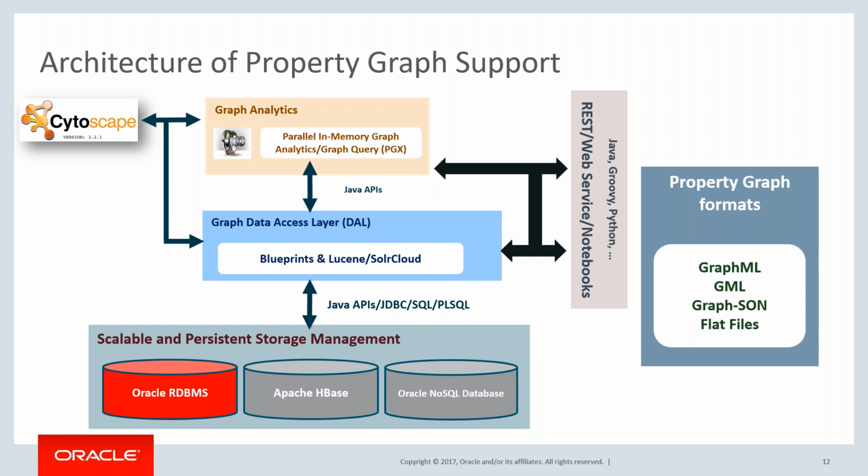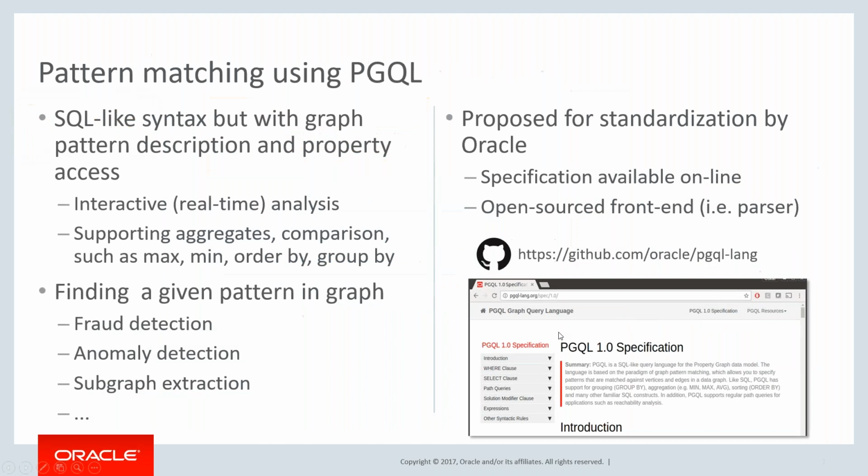What I'm going to focus on today is really using SQL, because I think a lot of folks, if they're particularly interested in the database, are going to be interested in how do I get information that's in relational tables into a property graph and then be able to utilize that. If you have graph data coming from other places, then obviously flat files are an easy way to move that data around, and we can talk about that a little bit if somebody's interested. But today I'm going to focus pretty much on the SQL-based approach.